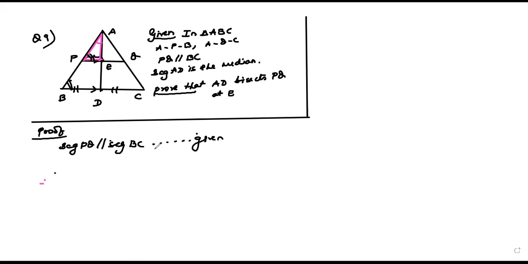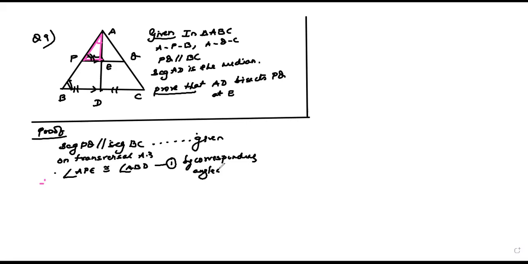So separately I'm showing segment PQ parallel to segment BC, on transversal AB, angle APE congruent to angle ABD. I call it statement number 1, by corresponding angles theorem. When the lines are parallel, corresponding angles are equal. That theorem is called the corresponding angles theorem.